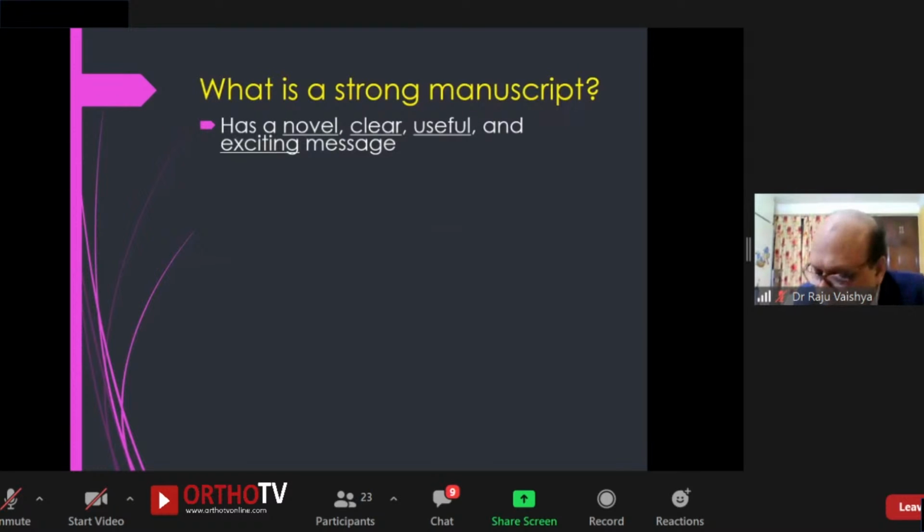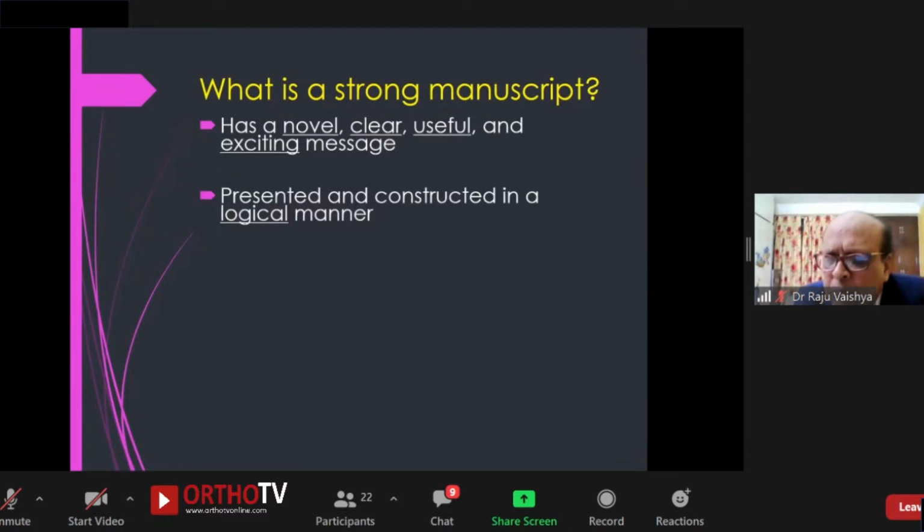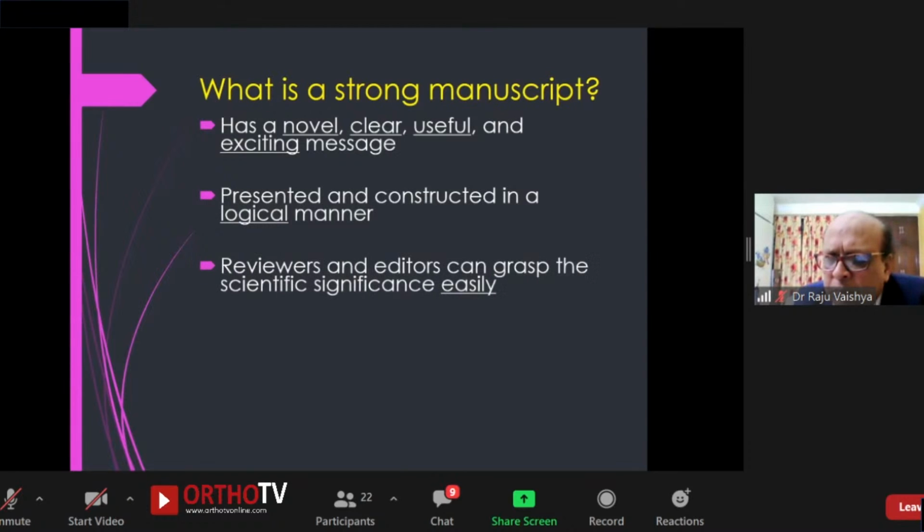One must know what is a strong manuscript and should try to make the manuscript accordingly. It should have a novel idea with a clear message which is useful and exciting for the readers. It should be presented and constructed in a logical manner as per journal requirements.